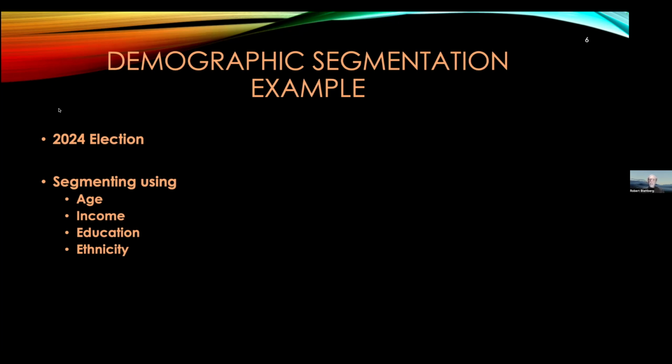So the parties, the Democrats and the Republicans, are spending a lot of time thinking about which segments to go after. Do I go after rural America? So I'm Kamala Harris, I'm in Georgia, and do I go after the rural areas of Georgia? Or do I go into the areas where I have strength, which are the urban areas, particularly certain ethnic groups?